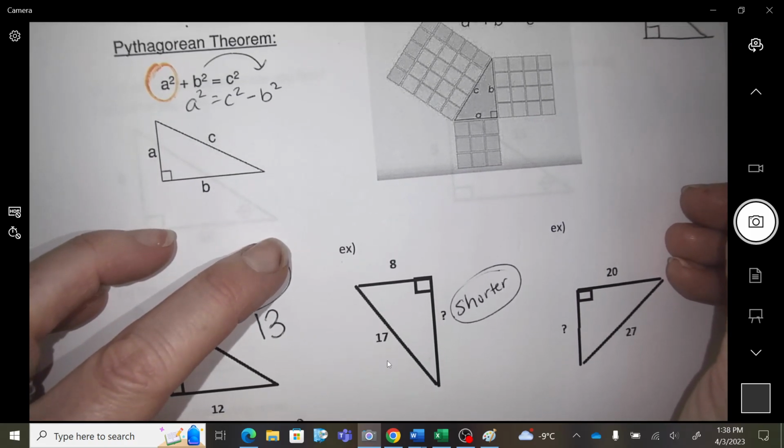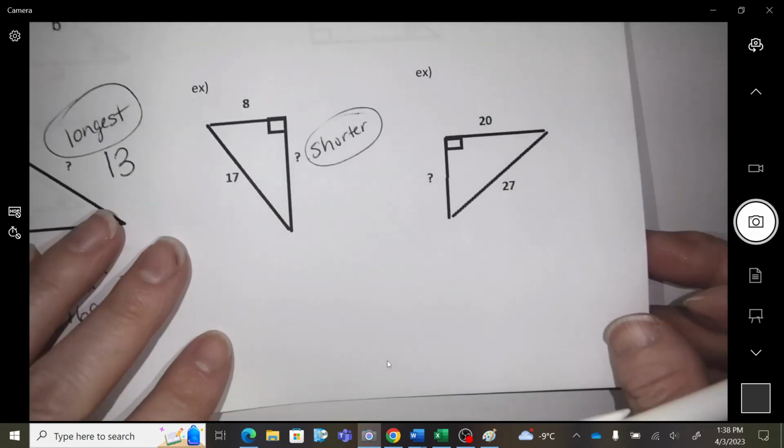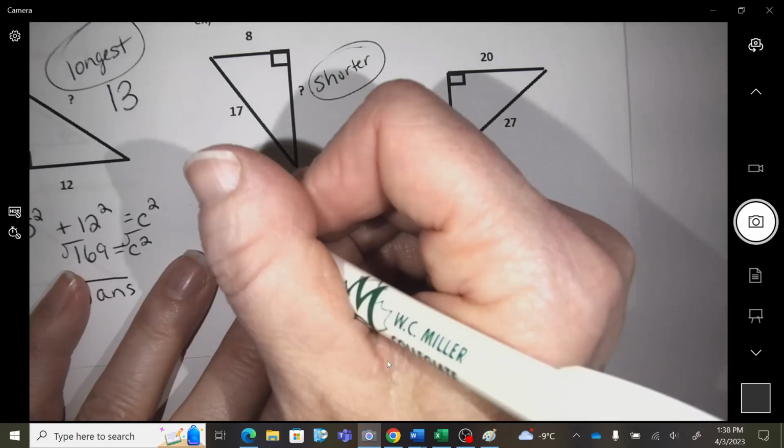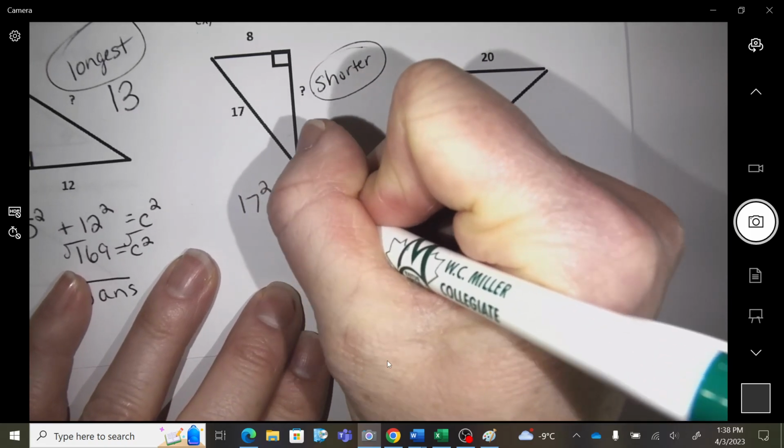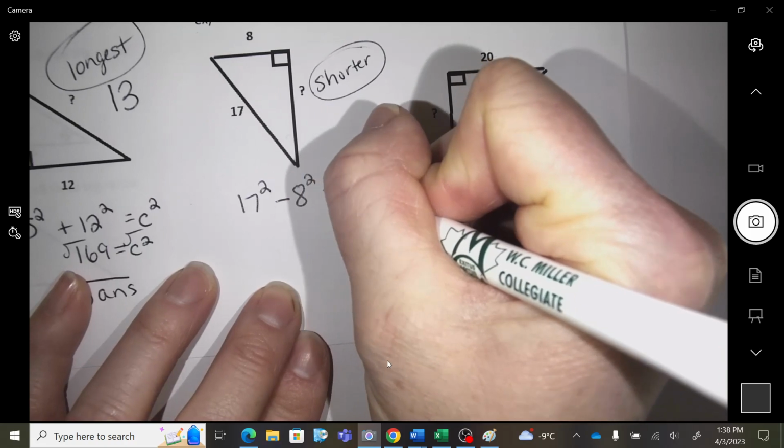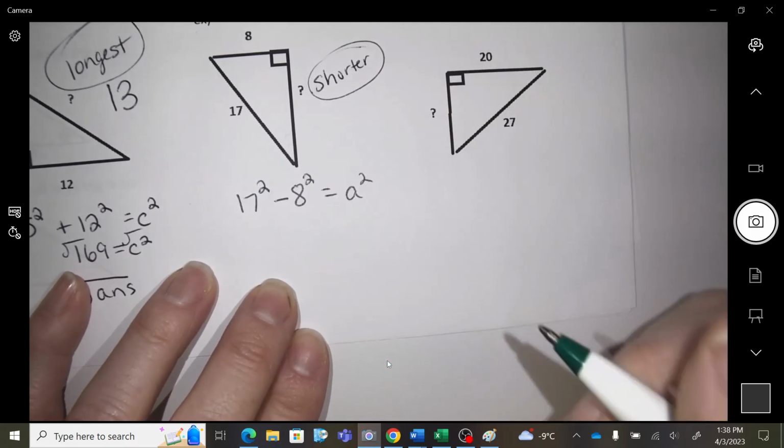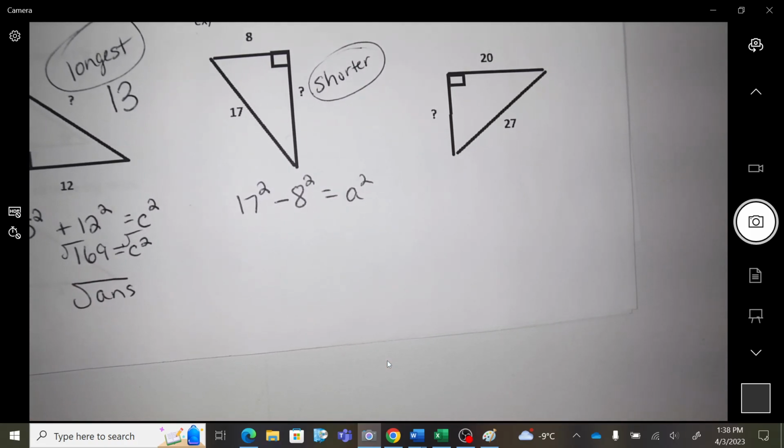Does that make sense? I would subtract. So we're going to go 17 squared minus 8 squared equals A squared. Okay, so the longest, you add. If you're going to do a shorter, you subtract. That's the gist of it.